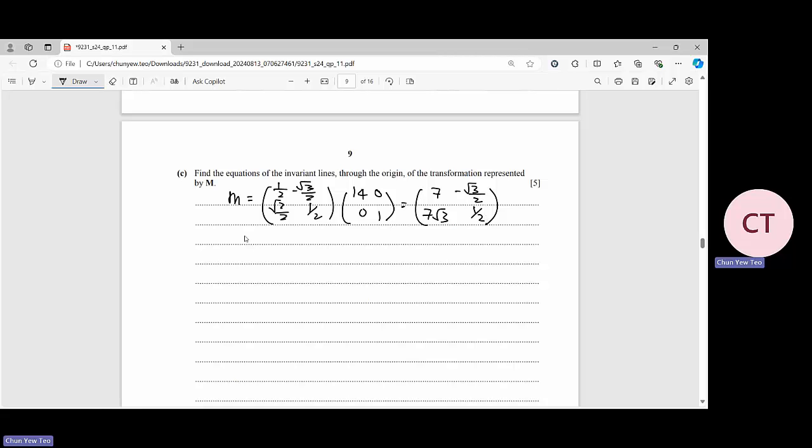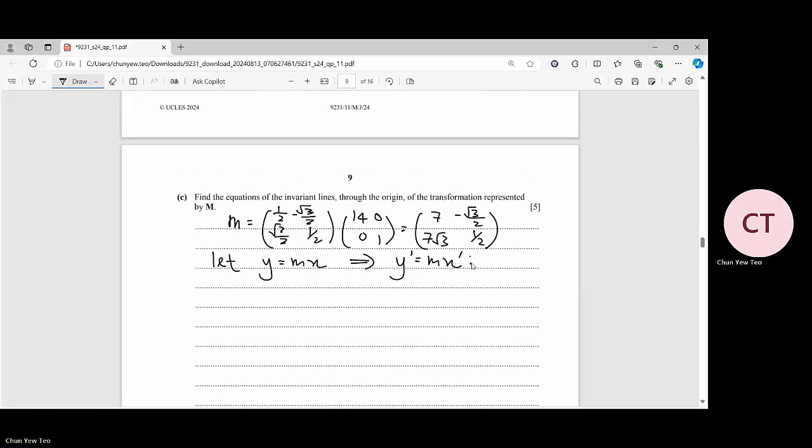Okay, so to find the invariant line, we let the invariant line y equal to mx. This is for the object. Then it will become y prime equal to mx prime. So this is the x, this is the mx, this is the x prime, this is the mx prime. Then this is a 7 negative root 3 over 2, this is a 7 root 3.